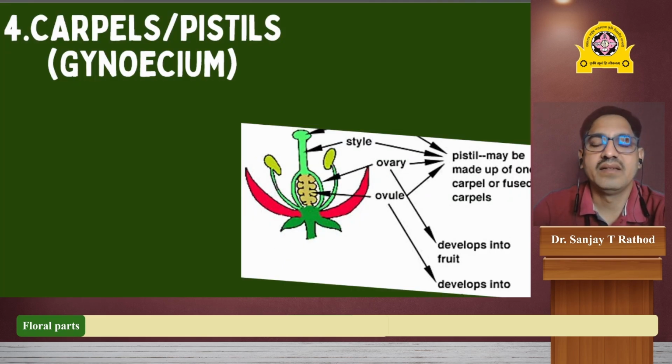Next is carpel. Carpel is again the female reproductive organ, or you can consider pistil. That is gynoecium. Gynoecium contains stigma, style, and ovule. Stigma is the place where the pollen will get dropped.